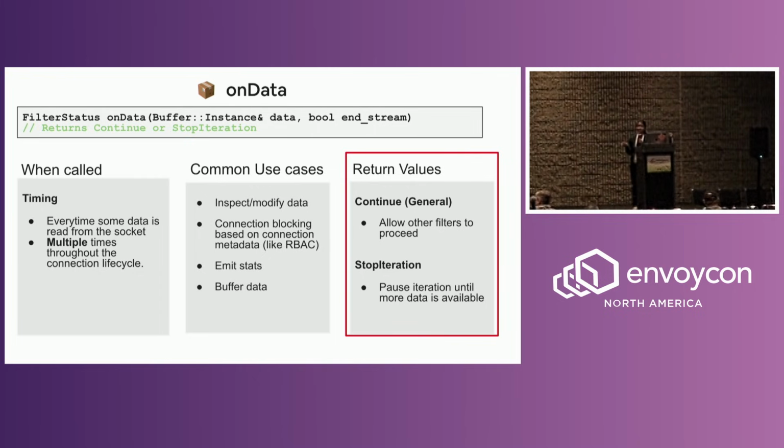But can you imagine if there is any catch in this? Yeah, if you are stopping the iteration to wait for more data, but that data never arrives, your connection might be in a stalemate. So, as a developer, you need to be very careful when you're using stop iteration and be mindful of the corner cases that you might have.